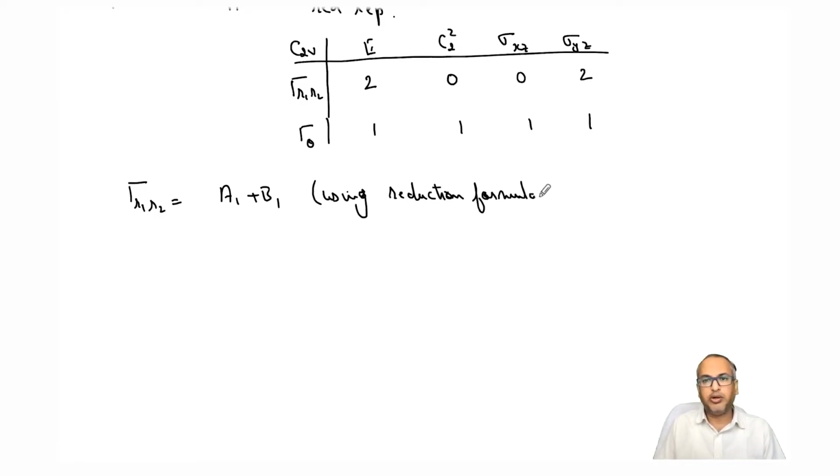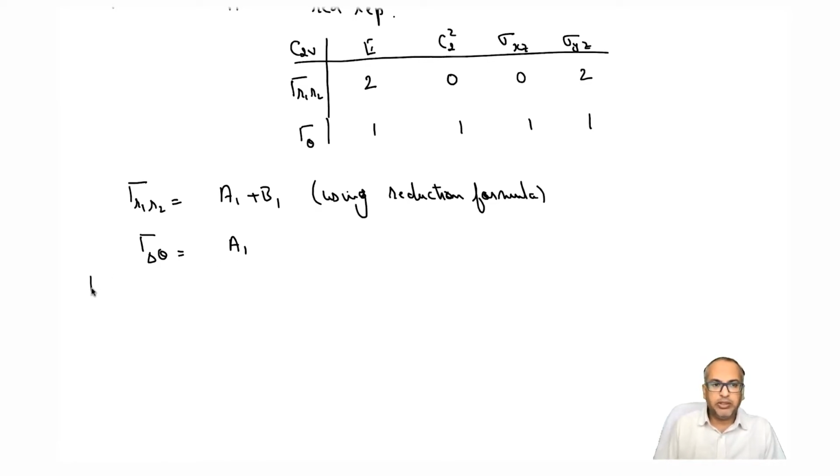I'm sure you all know how to do this now, so we are not going into the details. Similarly, tau delta theta is equal to A1. That is very clear from here itself. By looking at the character table, you know that this is the totally symmetric representation.